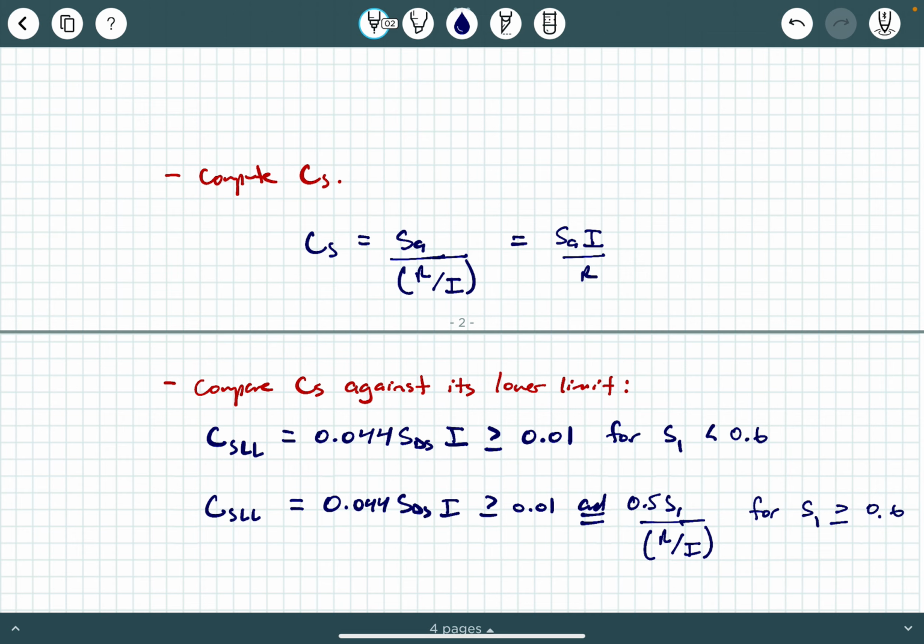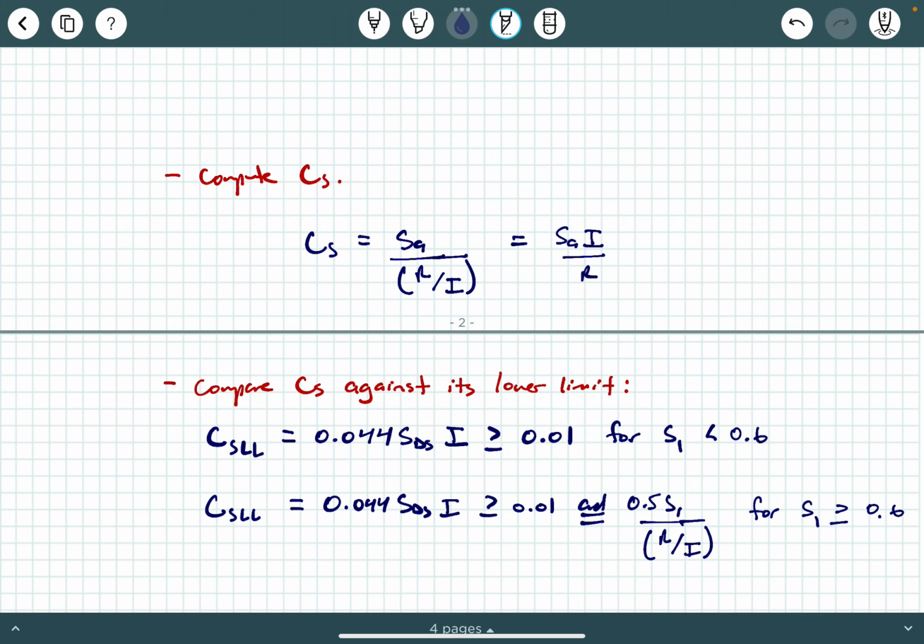Here's how you navigate this. I know it seems like a lot. You go back to your hazard tool and check what S1 was. If S1 is less than 0.6, you calculate your lower limit, 0.044 SDS I, and make sure it's bigger than 0.01. What happens if this number becomes like 0.003? Then you use 0.01 as the lower limit.